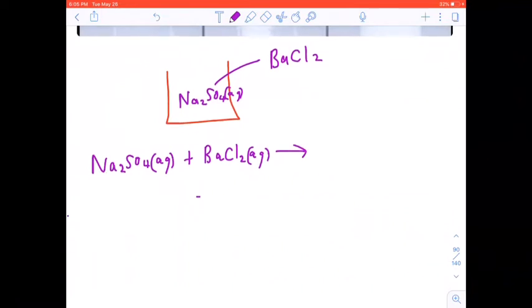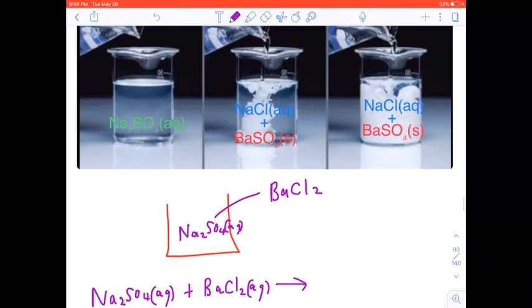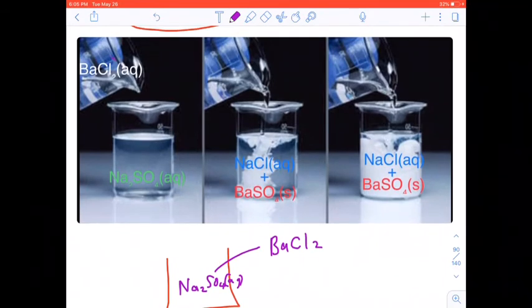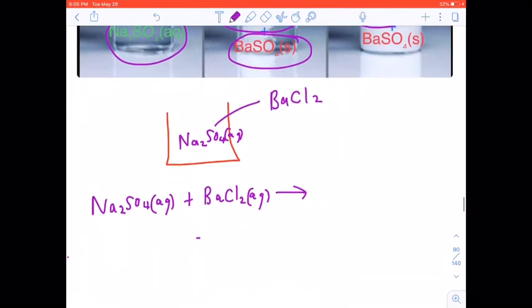Like I said, they exchange partners. As you can see here, I've got barium chloride added to sodium sulfate, and we get this white precipitate, which is barium sulfate, and what else do we have in that reaction? Sodium chloride. They exchange partners.